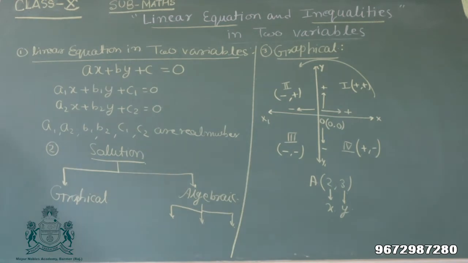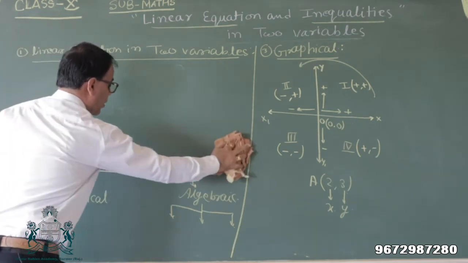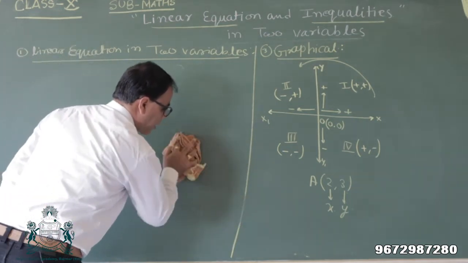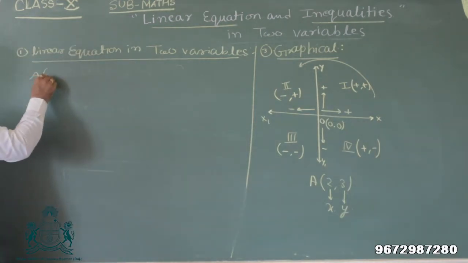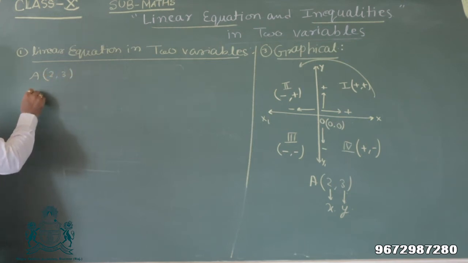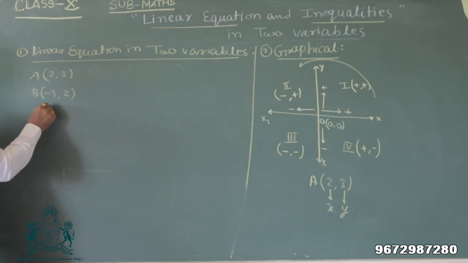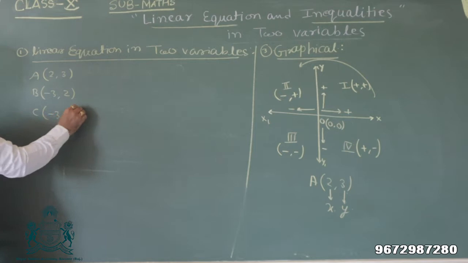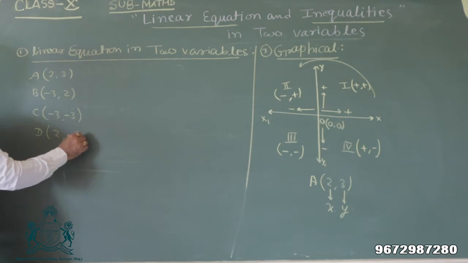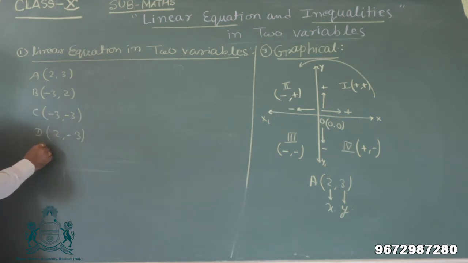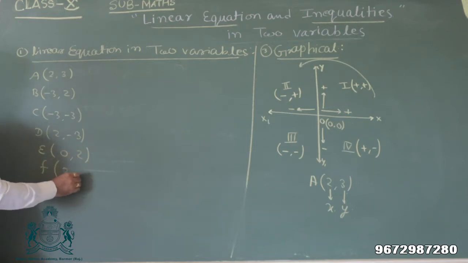Some important points denoted on the graph. First, according to sign: A is 2 and 3, B is -3 and 2, C is -3 and -3, D is 2 and -3, and important points E is 0 and 2 and F is 3 and 0.